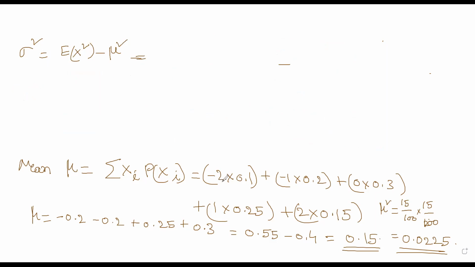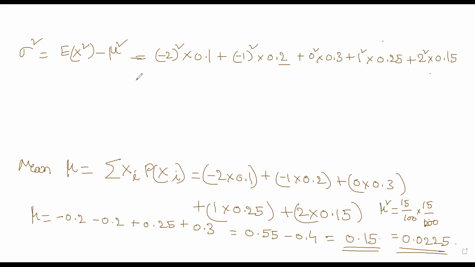That is E of x square: minus 2 whole square into the associated probability 0.1, plus minus 1 whole square into 0.2, plus 0 square into 0.3, plus 1 square into 0.25, plus 2 square into 0.15. Clear? Yeah. Now let's solve this.